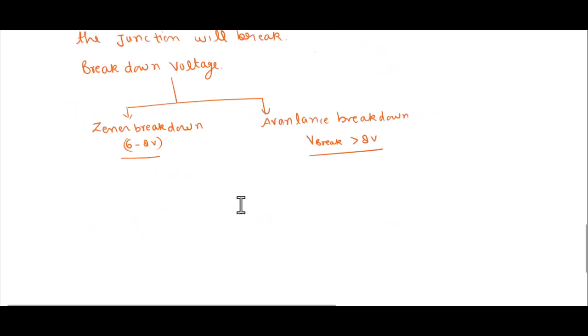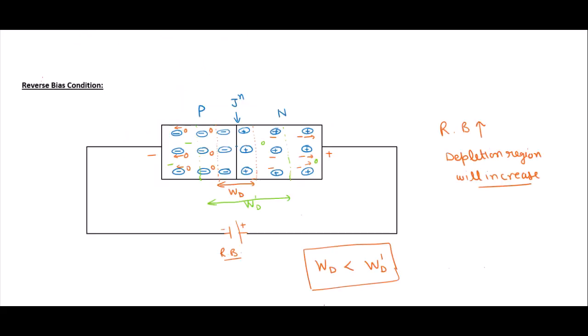So let us see quickly what Zener breakdown is. When we increase the reverse bias beyond 6 volts, or 6 to 8 volts, the majority charge carriers will be swept away and collected at the battery terminal. So the complete PN junction is depleted of charge carriers.